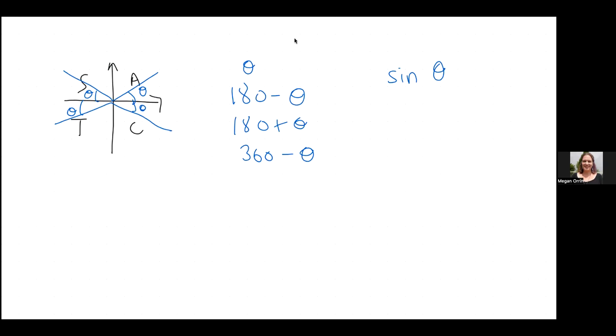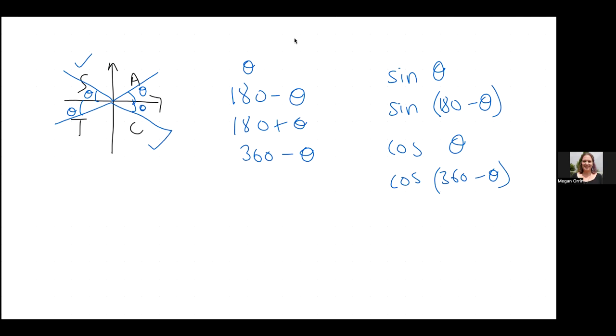Right, this one here. So this is going to be sine of 180 minus the angle. So these two are my equivalent angles. If I say cosine of that, what's my equivalent angle? Good, 360 minus, because I'm only allowed to be in this other quadrant this time, because that's where cosine is positive. So you are going to just use these rules.